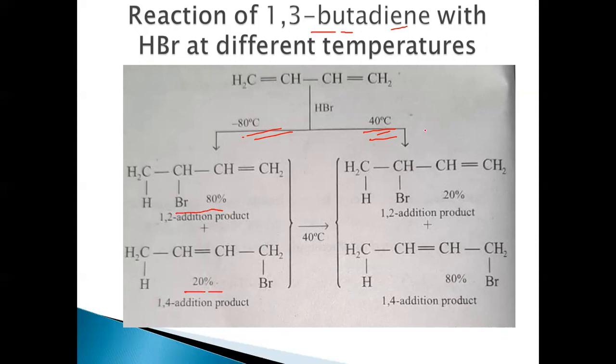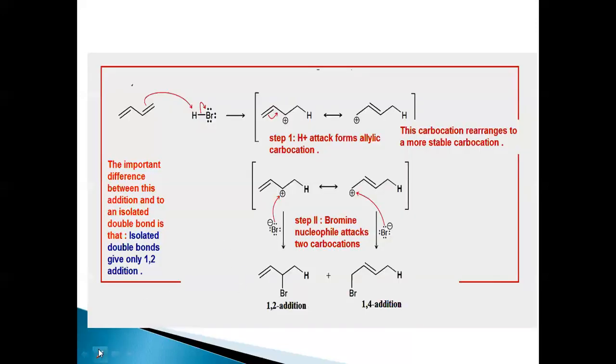But when the temperature is increased to 40 degrees, 20% of the 1,2 addition product is formed and 80% of the 1,4 addition product is formed. Why is the amount of products differing at different temperatures? We need to understand this.